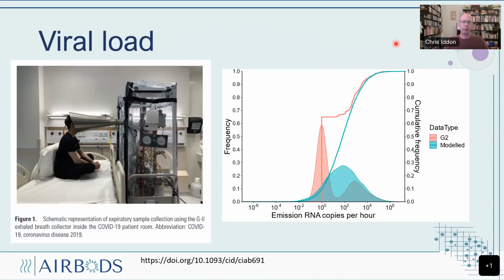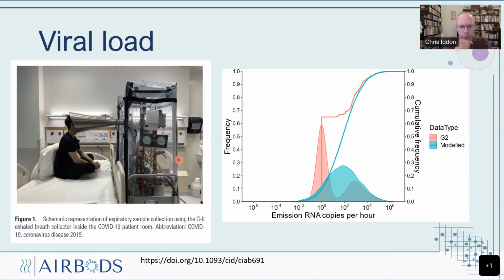We can test how likely this model is with actual data. There's been 4 studies now that I'm aware of that have used these G2 devices where they've taken COVID patients who've done a variety of talking and singing and breathing activities, collecting the aerosols that they've emitted and counting the number of RNA copies. But this method is restricted because it has a limit of detection, so it can only detect 75 copies per hour or more.